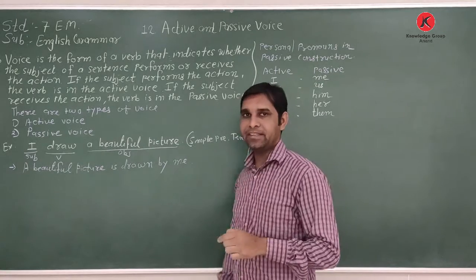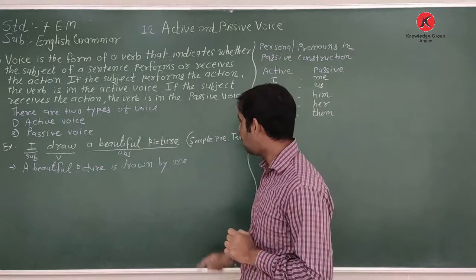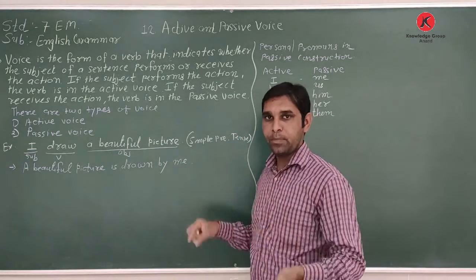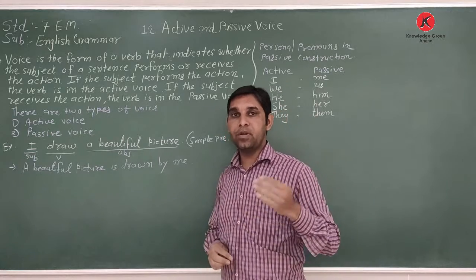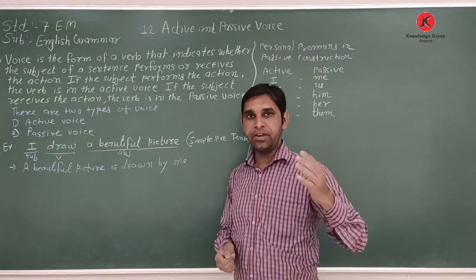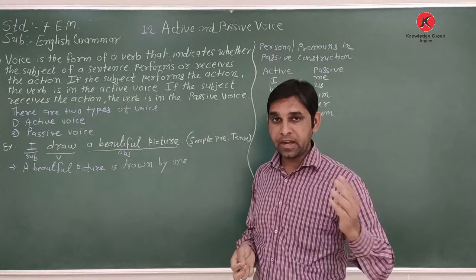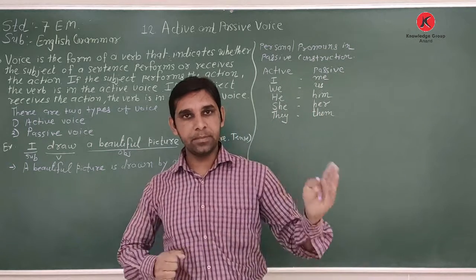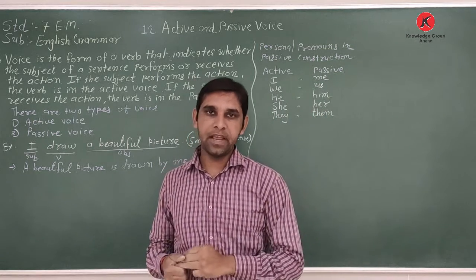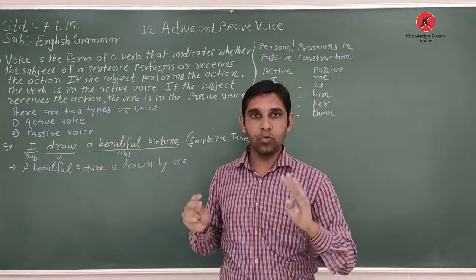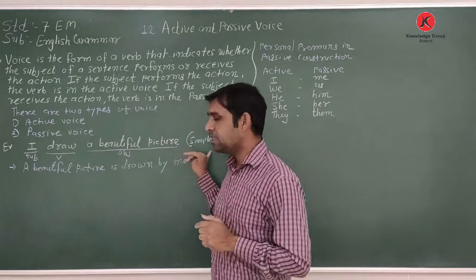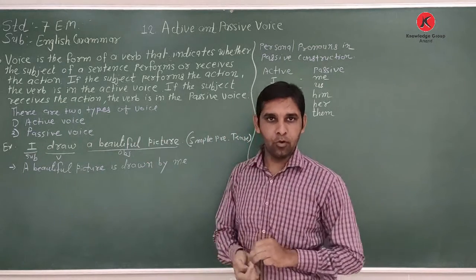Now I write the construction of all tenses: simple present tense, simple past tense, simple future tense, present continuous tense, past continuous tense. Then the perfect tenses: present perfect tense, past perfect tense and future perfect tense. So in total 8 tenses can change from active into passive.